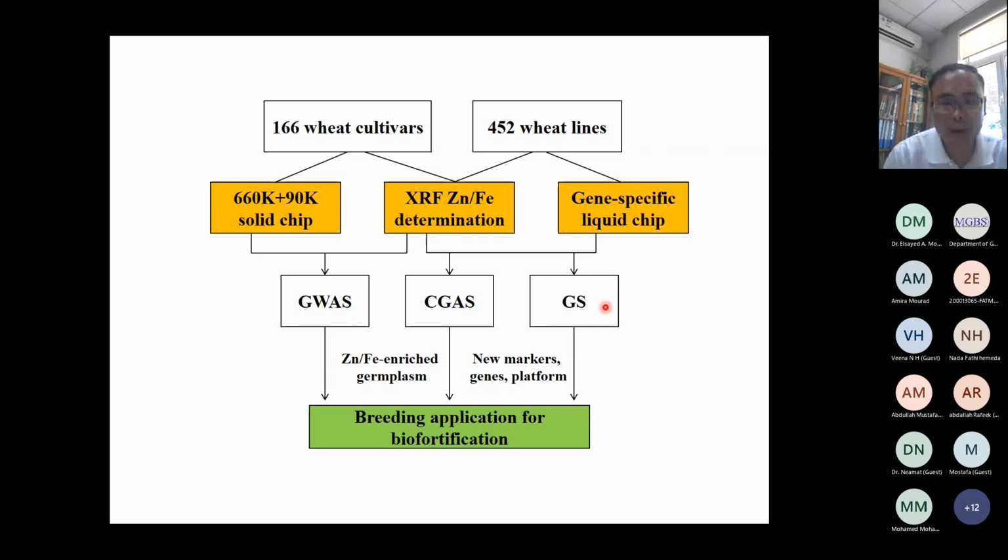Then we used XRF to determine the concentration of zinc and iron. We ran GWAS and found some candidate genes or loci. Then we designed a liquid chip, a gene-specific liquid chip. We can run the rest of the lines to do candidate gene association analysis and genomic selection. Finally, we found some new markers, new genes, and new germplasm that can be used for breeding.